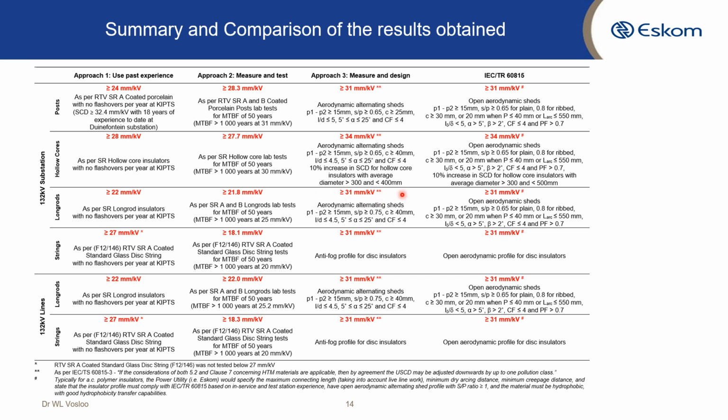Now, if we had to make use of approach 3, we would have said at least 31 millimeters per kV, and we would have said for the old 60815 at least 31 millimeters per kV. And so at the end of the day, we take a look at approach 3, we can see that it's very similar to the old 60815, but approach 1 and 2, we can really start looking at optimizing our insulator selection.